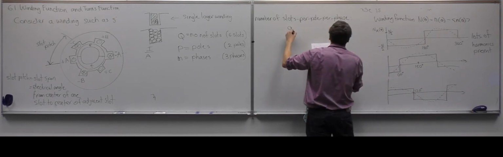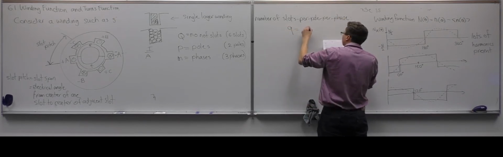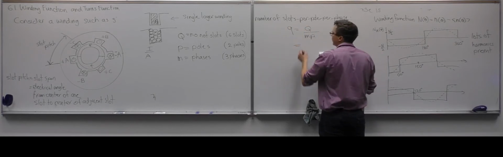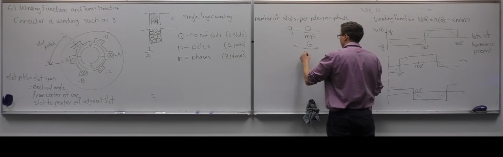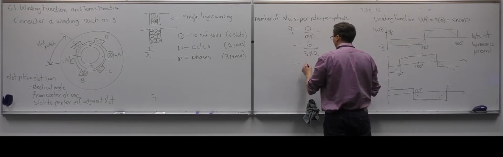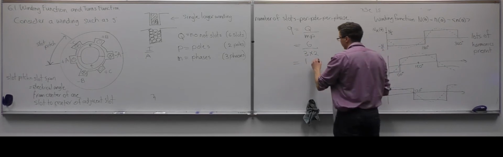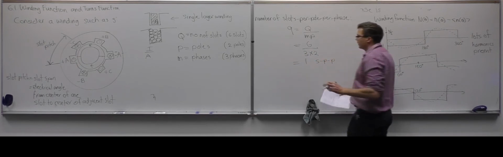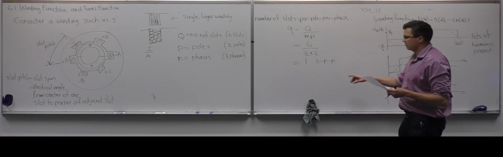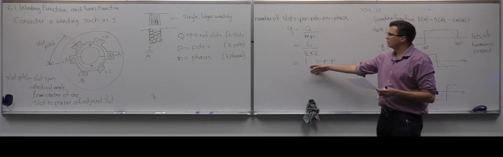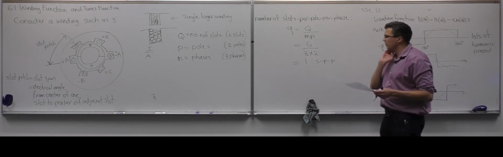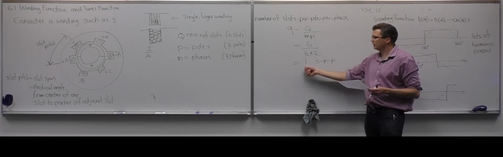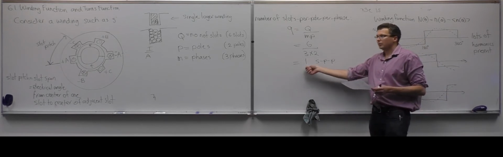In this example, we have 6 slots, 3 phases and 2 poles, so we have 1 slot per pole per phase. We'll look at the benefit of having a higher number of slots per pole per phase, and also what happens if we have a lower number. You could have less than 1, or more than 1.